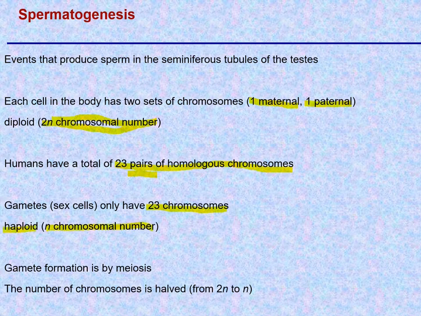When these cells get together by fertilization of the female egg by the male sperm, it gets back to the normal diploid 2N chromosomal content.